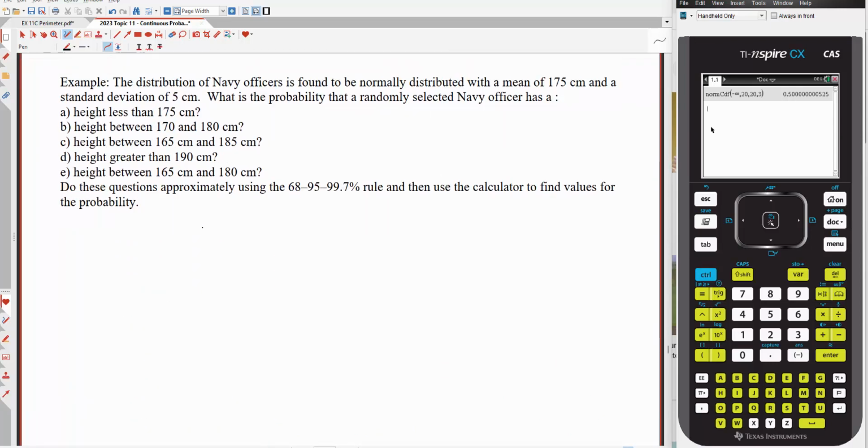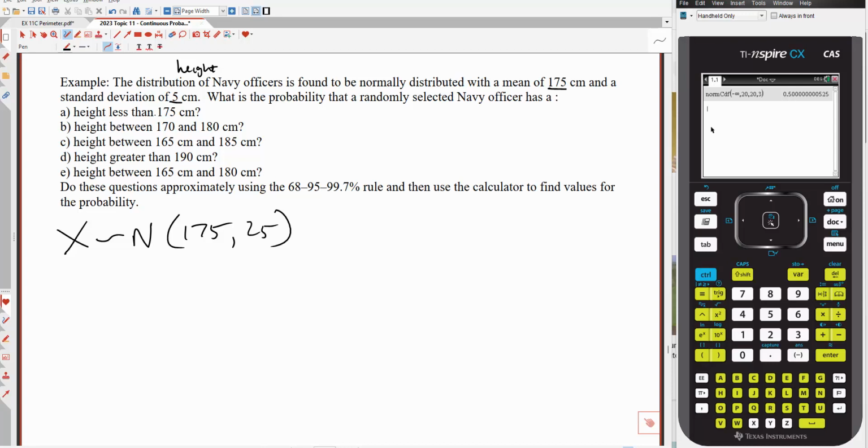Alright, so what do we got here? The distribution of Navy officers is found to be normally distributed, so I'm presuming that's the height of Navy officers, with a mean of 175 and a standard deviation of 5. The first thing we should do is define our random variable as normally distributed with a mean of 175 and a variance of 25.